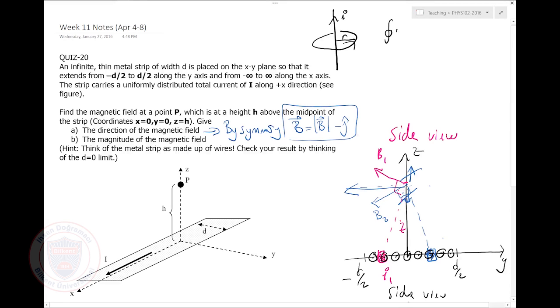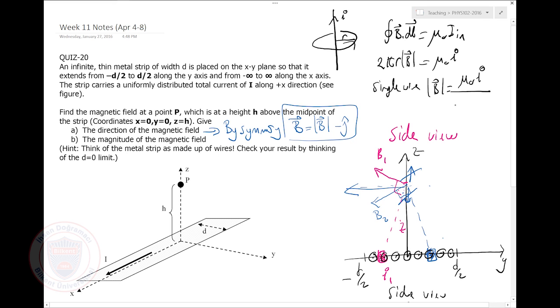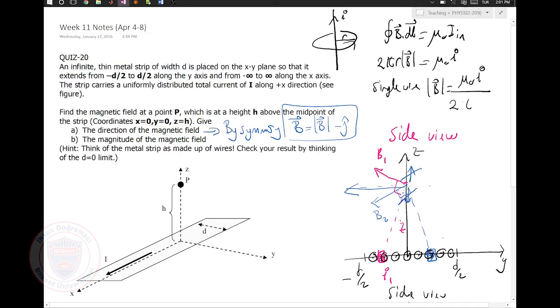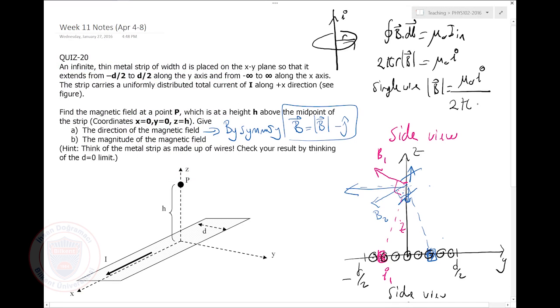Integral of B dot dl is mu 0 times I enclosed, which is mu 0 I. B is parallel to dl, so it's just going to be 2 pi r times B magnitude. For a single wire, B magnitude at r away is mu 0 I divided by 2 pi r.